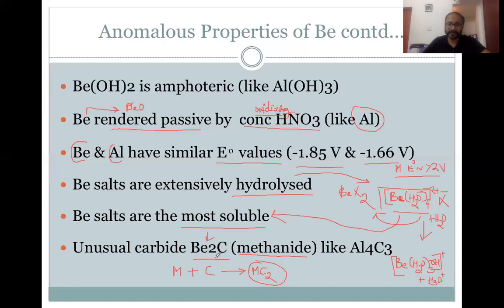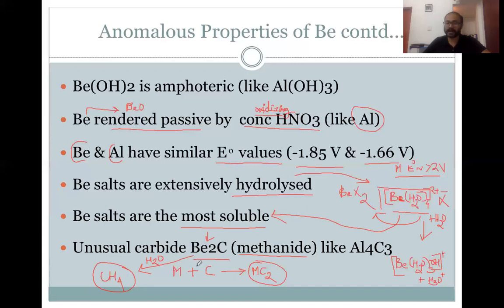But beryllium forms this type of carbide, and it is called methanide. Why it is called methanide is because when it reacts with water, or is hydrolyzed in water, it releases methane gas. This is one important way to get methane. So from beryllium carbide you can get methane by hydrolysis.